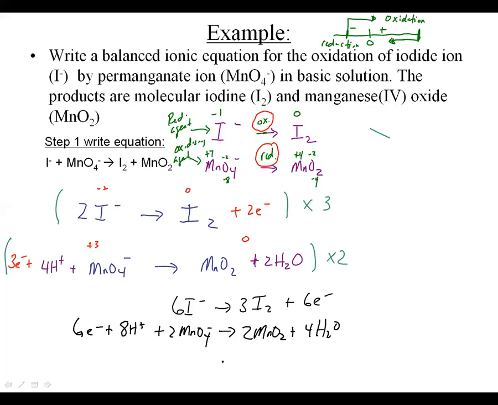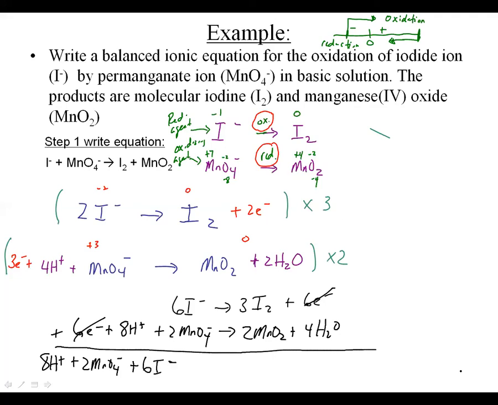Taking everybody here together, we can now add them together. Our electrons are going to cancel in this case, and that's going to leave us 8 H pluses plus 2 MnO4 minus plus 6 I minus. Again, everything on the left stays on the left. And on the right-hand side, 3 I2 plus 2 MnO2 plus 4 waters.